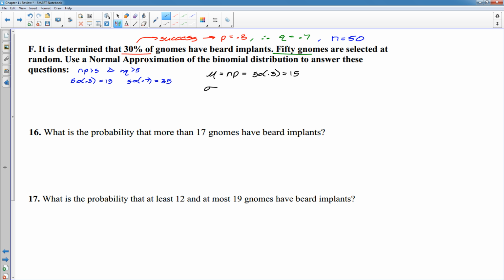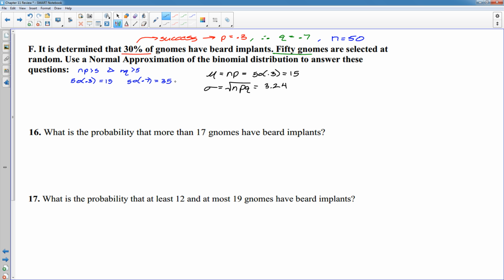And then my standard deviation is the square root of N times P times Q, and we'll throw that in the calculator. So the square root of 50 times 0.3 times 0.7, you get 3.240. So 3.24 is the standard deviation.